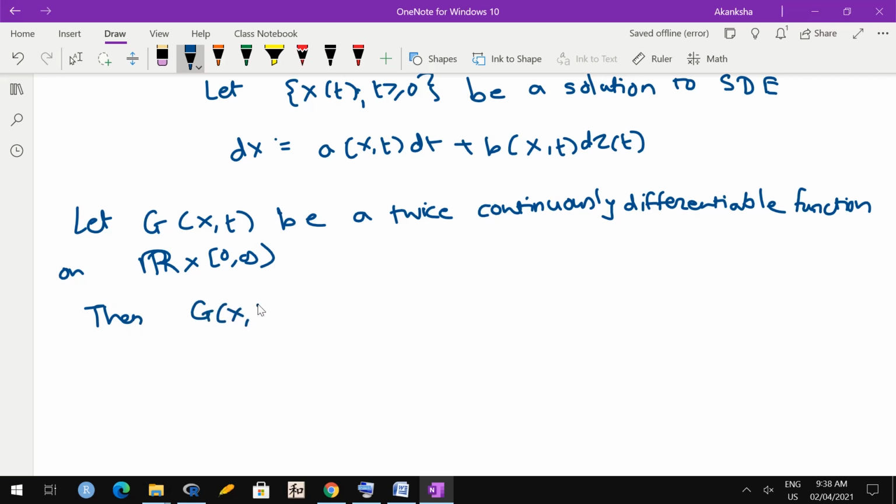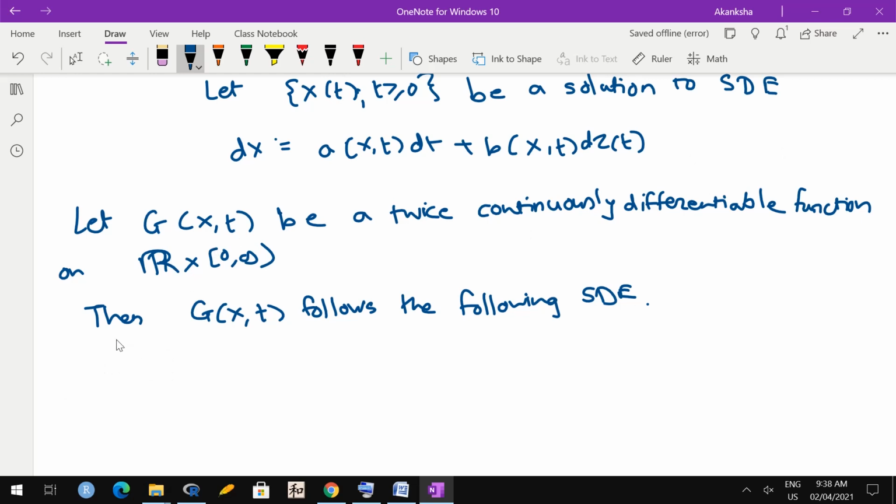g follows the following stochastic differential equation. What is the differential equation followed by g?